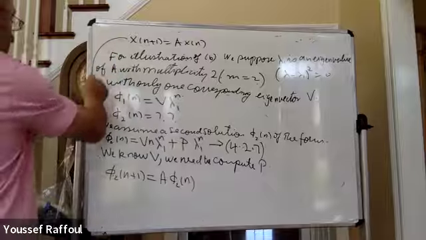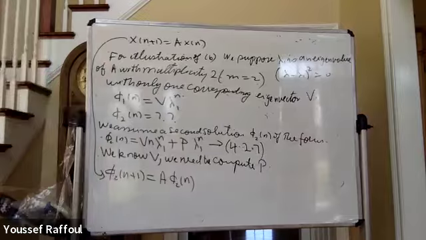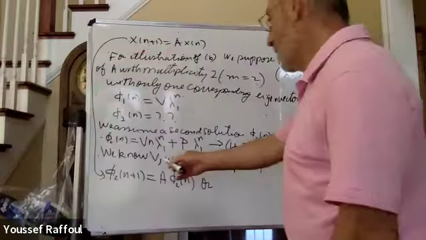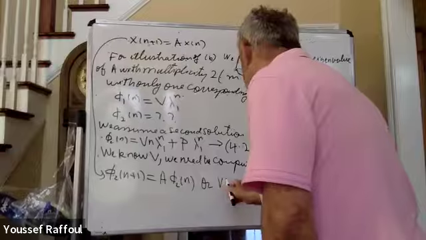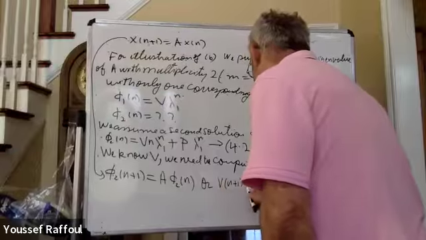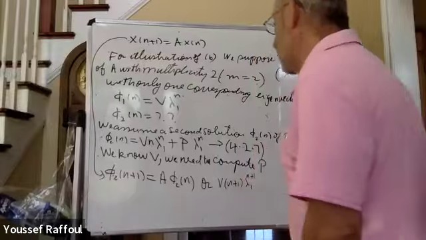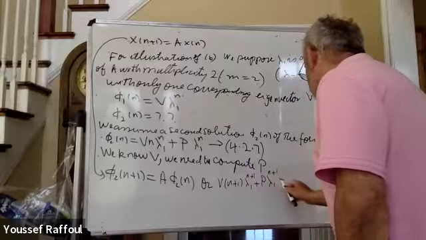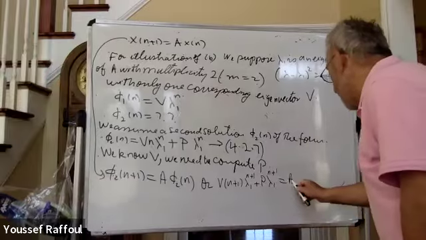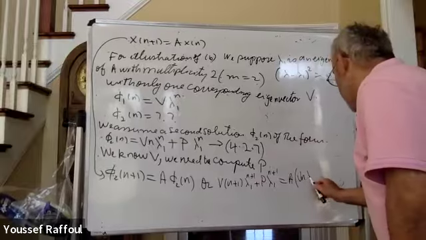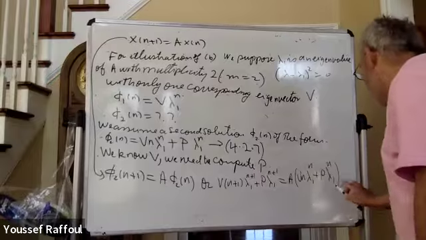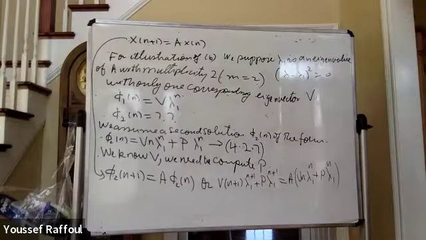From here, phi 2 of n plus 1 is V times (n plus 1) lambda 1 to the n plus 1, plus P lambda 1 to the n plus 1, equal to A times (V n lambda 1 to the n plus P lambda 1 to the n). This is what both sides look like. Okay?